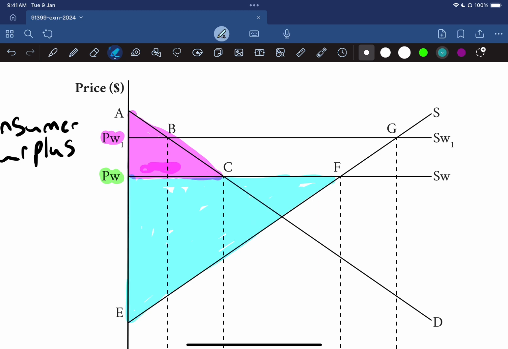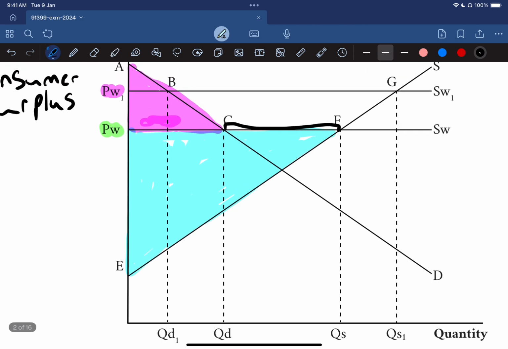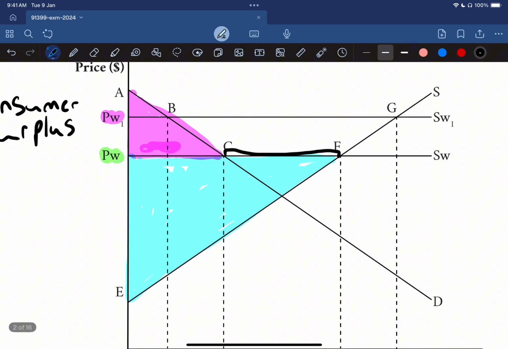Now remembering, guys, that this area in here is going to be exported. It's going to be the difference between quantity demanded and supplied, because for New Zealand's economic models, we're so small in comparison that we can just export essentially anything we want, through the lens of these kind of simpler economic models.